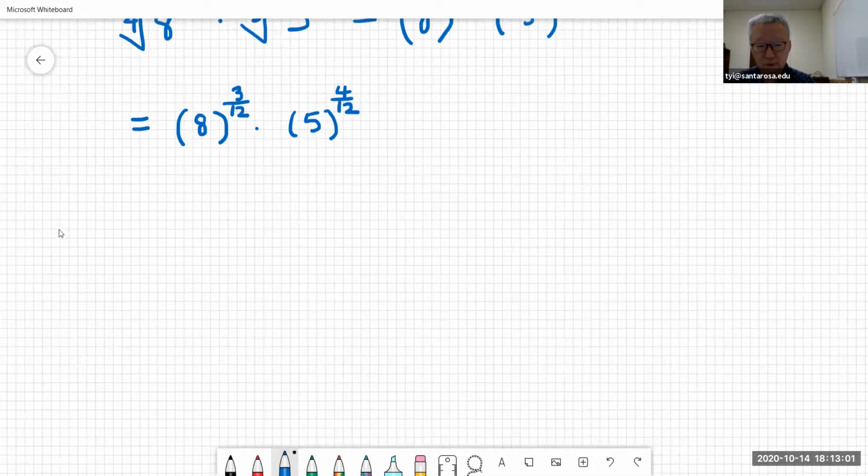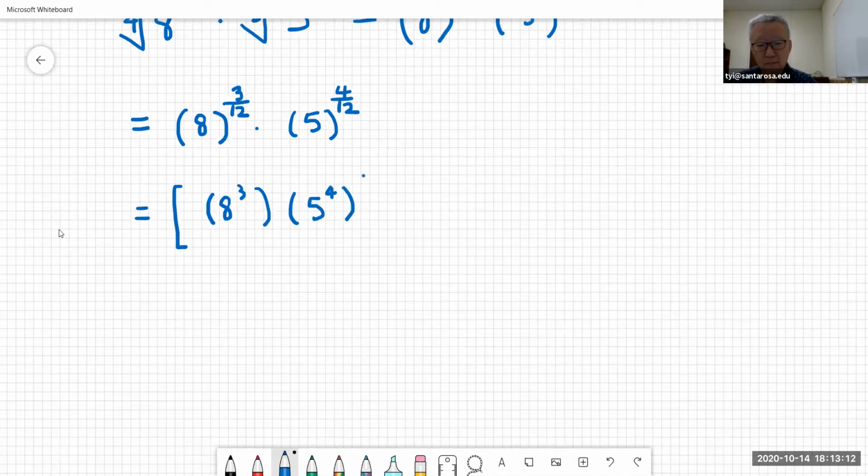We're going to do it this way: 8 to the cube, and then I have a 5 to the 4th, all to the 1/12. Now we can actually multiply this out, 8 to the cube.